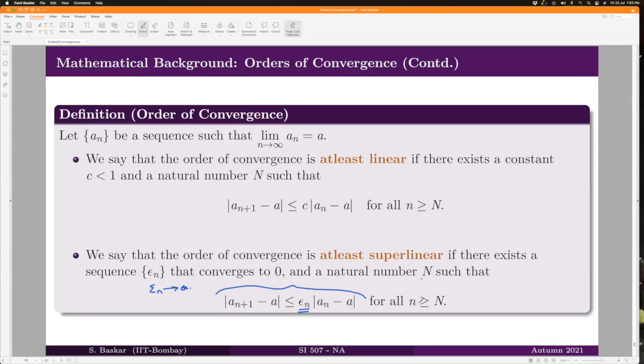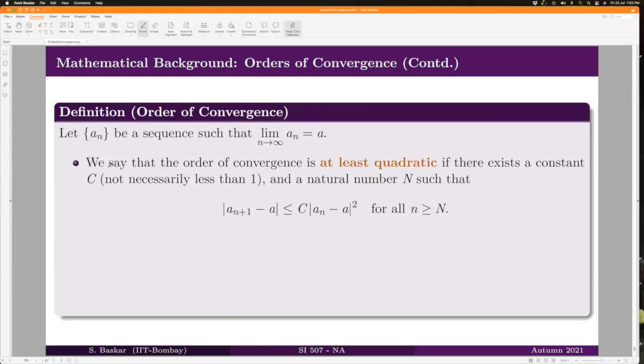And that should happen for sufficiently large n onwards. Another notion that we use often is we say that the order of convergence is at least quadratic if there exists a constant c, not necessarily less than 1, and a natural number N such that this happens for all n greater than or equal to capital N.